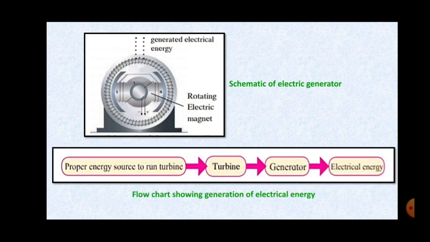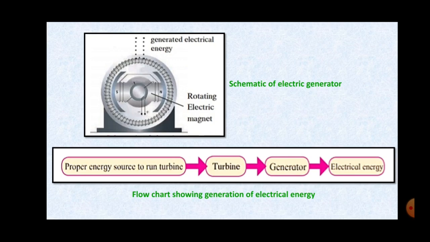Now, in a very simple flow chart, it is shown how the generation of electrical energy takes place. Students, I always emphasize that you should remember flow charts, tree diagrams or ray diagrams, because it becomes very easy to understand and memorize the process.